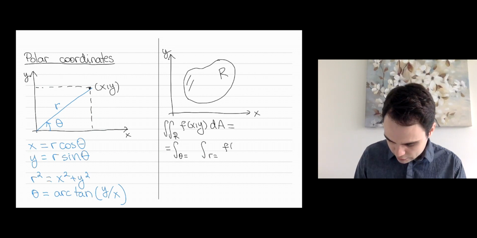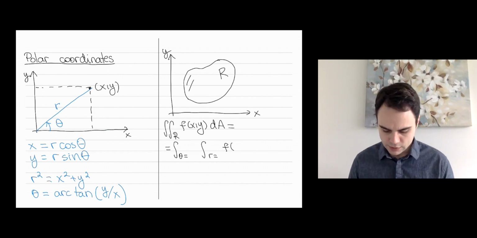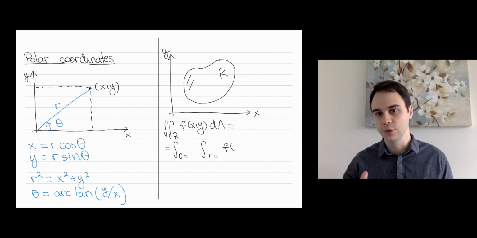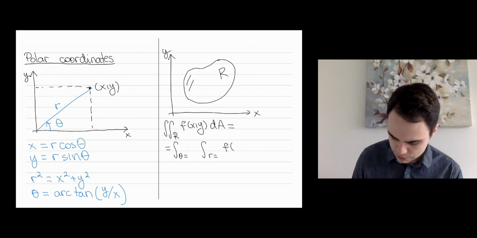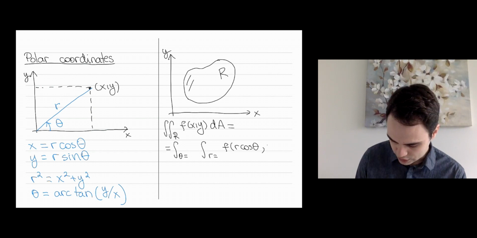And then we're going to plug in the correct bounds for theta and r, and we have to write the whole integral in terms of r and theta. So whenever I see an x, I should write r cosine theta. And wherever I see a y, I should write r sine theta.